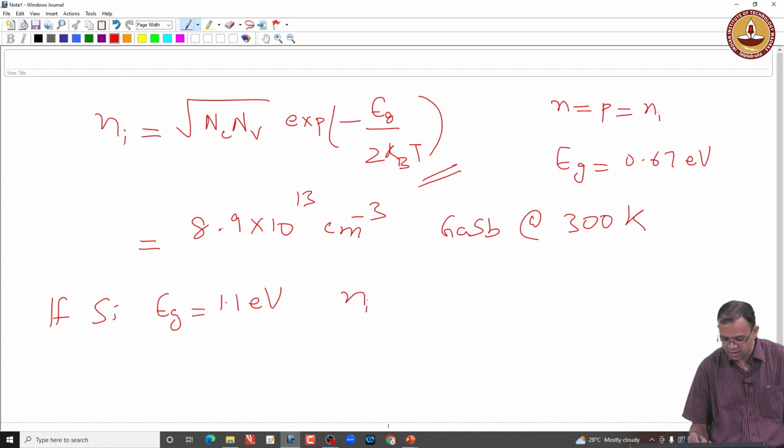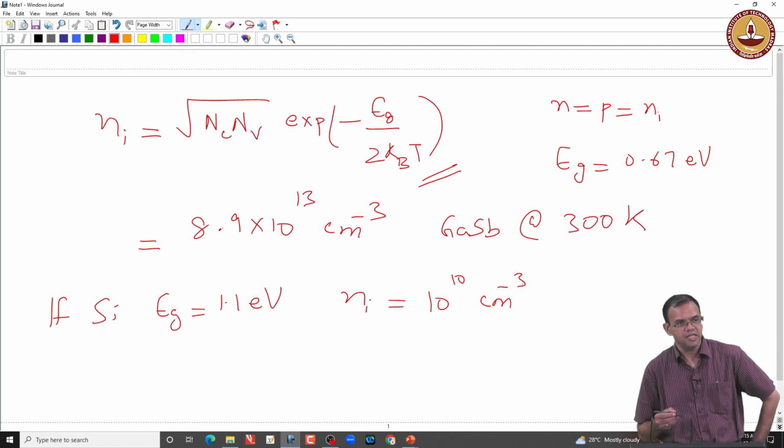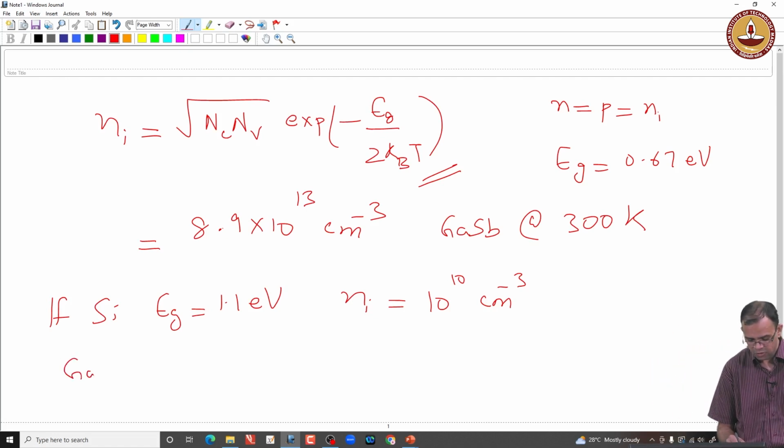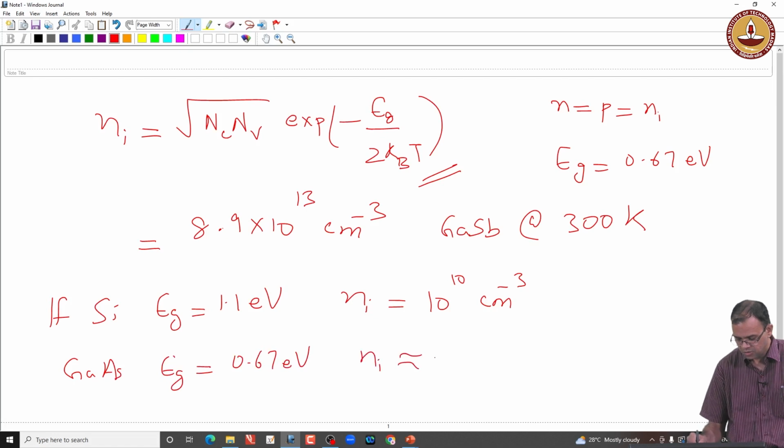So if I have silicon, you can do the math. Ni is approximately 10 power 10 per centimeter cube, right? So it is lower than that of gallium antimonide. Germanium has a similar value at around 0.67, so germanium would be closer. If I go even higher, I don't remember the exact numbers.